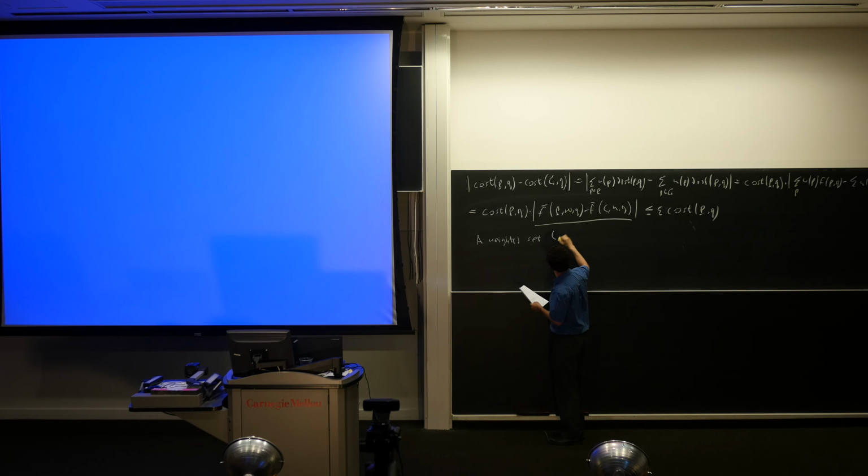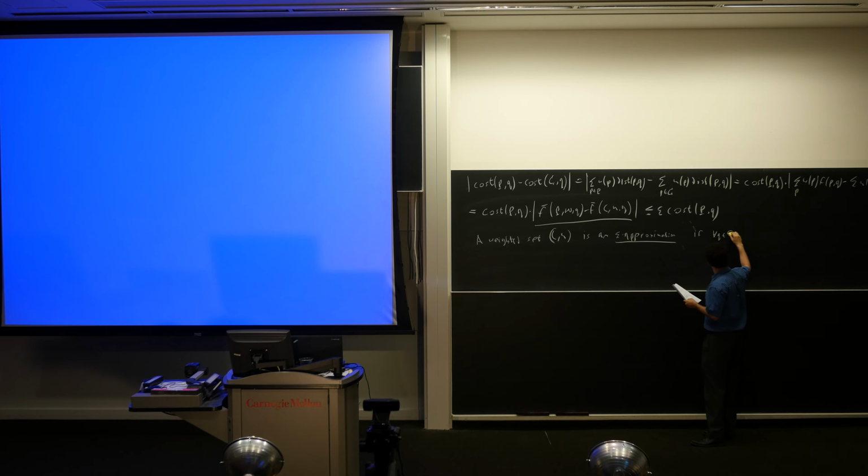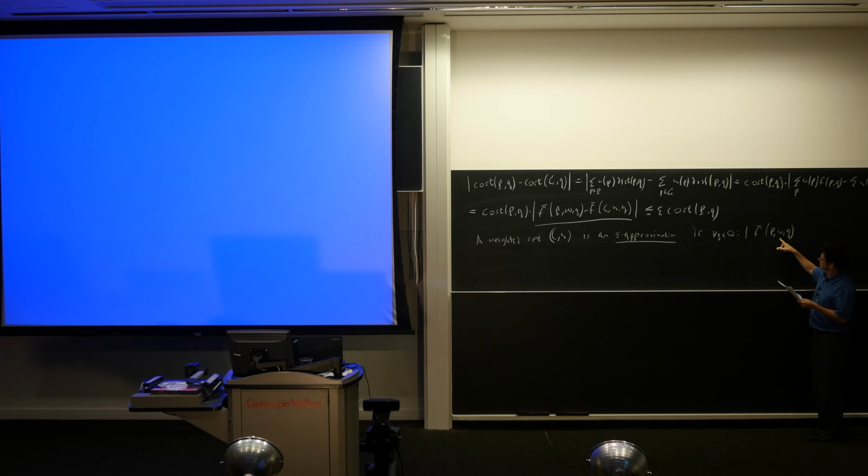A weighted set C with weights u is an epsilon approximation if for every Q in the query set we have this: the weighted average, the sum of distances to Q minus the sum of distances for the coreset, we wish it to be at most epsilon.